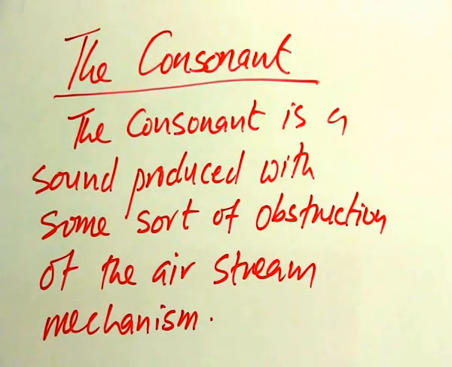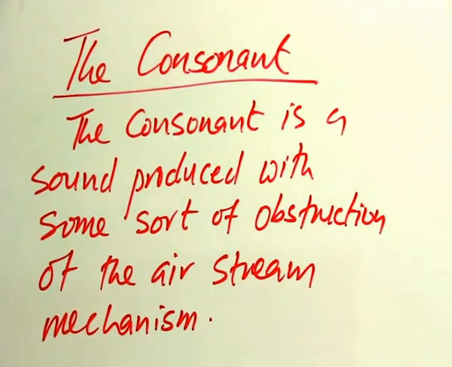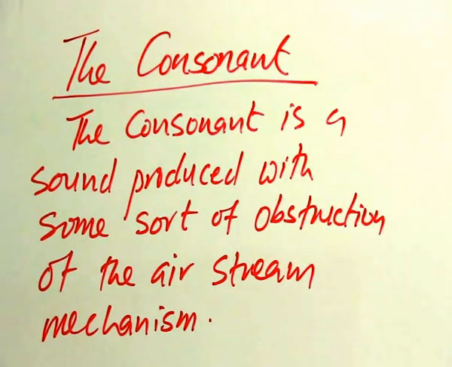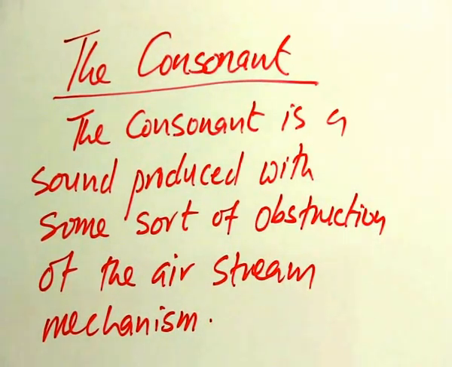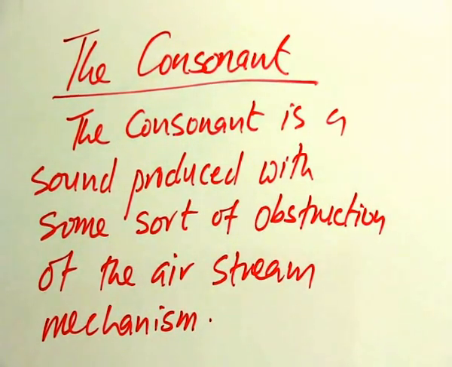At the end, we will have a consonant if we obstruct the air coming out through the mouth during the course of the production of a sound. Now, having known the definition of a consonant, we'll be drawing attention to that definition as we point out various obstructions and all that.